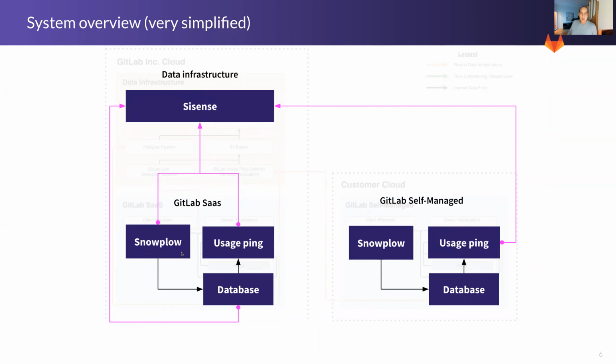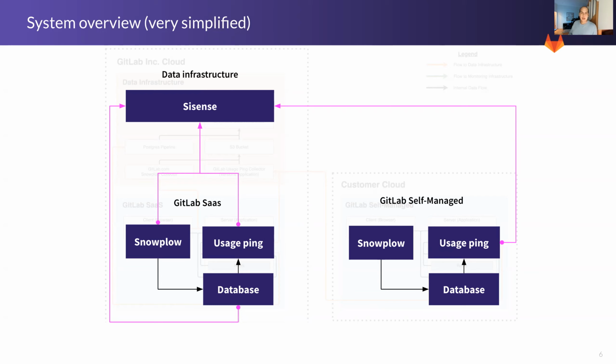Snowplow is a system that tracks browser events, as well as, on the server side, some Rails events. That's fed into the database, where we store our information.